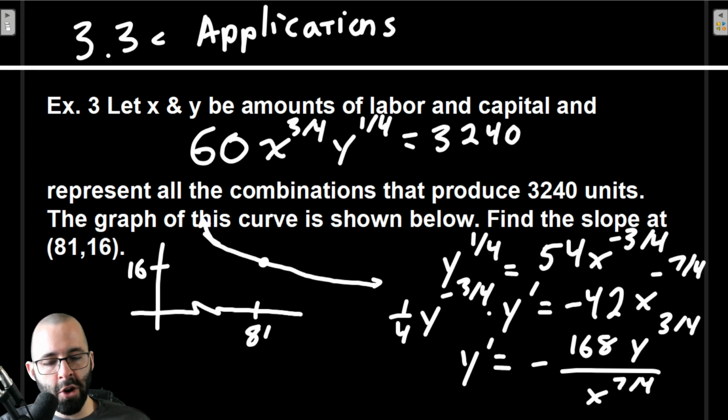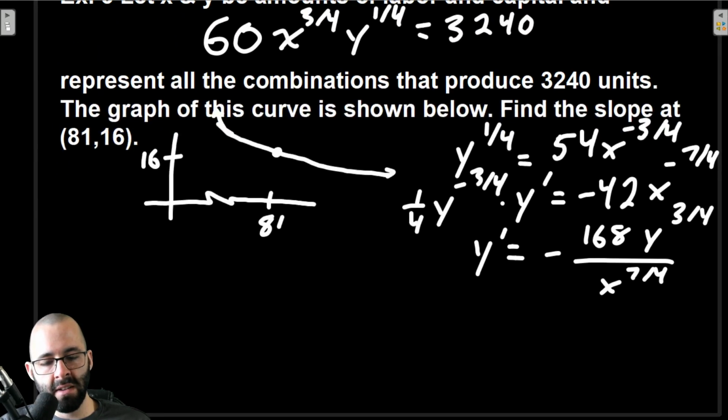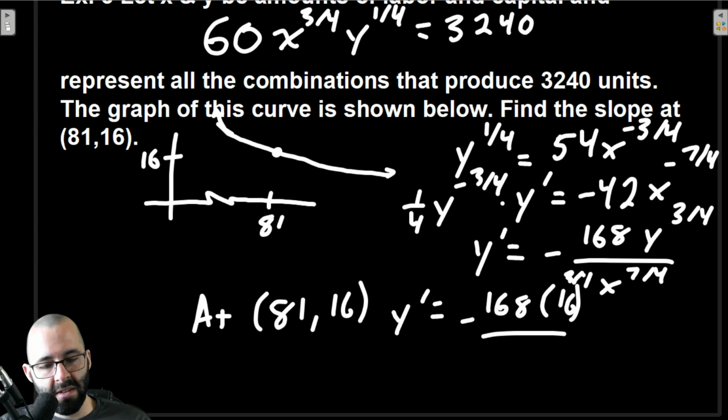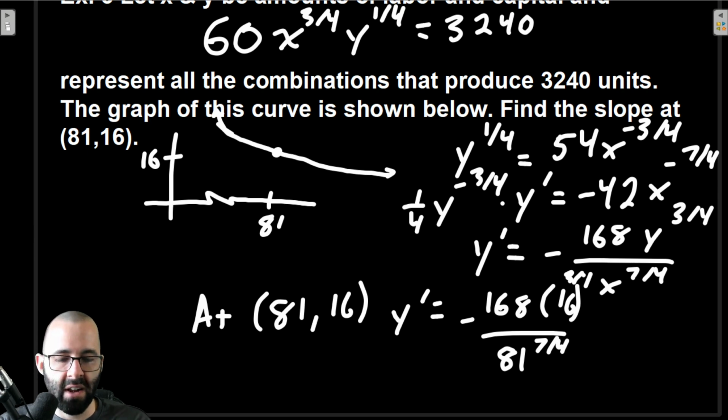So to find the slope at that point, we just plug in x and y. So at this point, at 81, 16, the slope is going to be negative 168 times 16 to the 3/4, divided by x, which is 81, to the 7/4. We can plug that into our calculator.